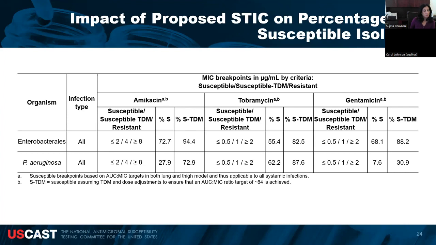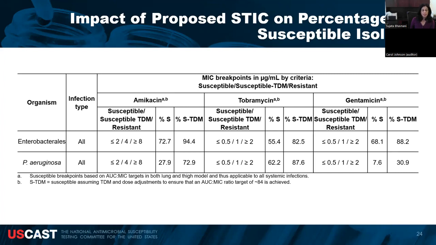Well, the susceptible breakpoint, if we use that, that would tell us for Enterobacterales that 73% of isolates would be susceptible at a 2. If we apply STDM, as we're calling it, for a 4, that would increase the number of isolates to about 94%.